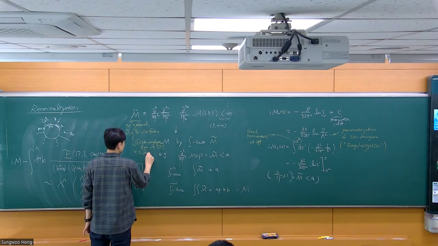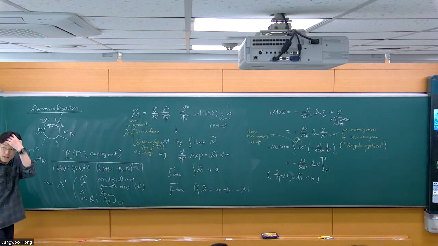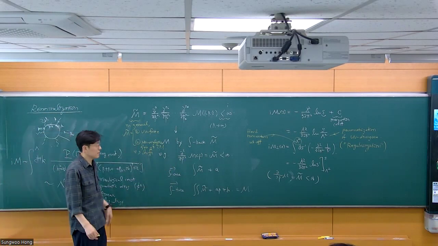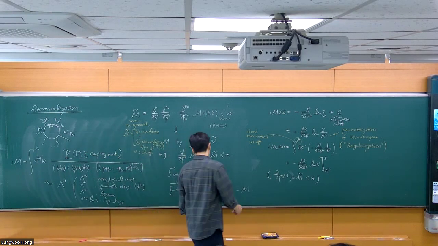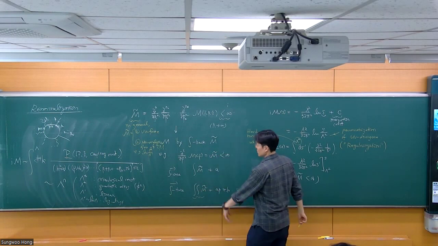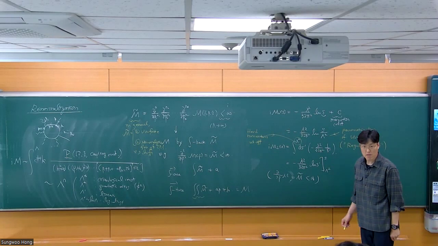Example, there's a log, for instance, of P squared, as we saw. Okay, so this is non-analytic because it's not a single valued function, as I explained last time. Therefore, this part is UV finite, but in general, it's a non-analytic function.